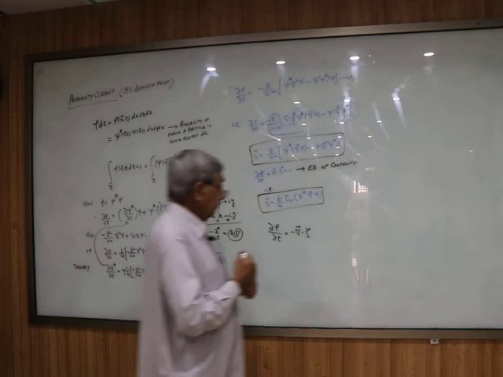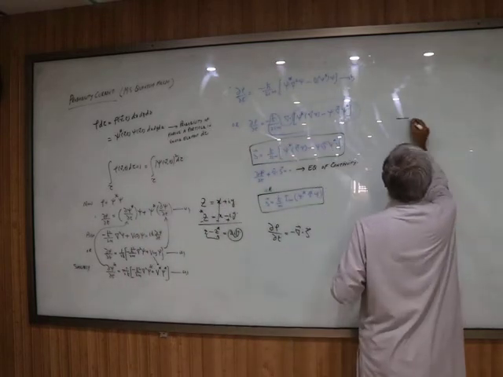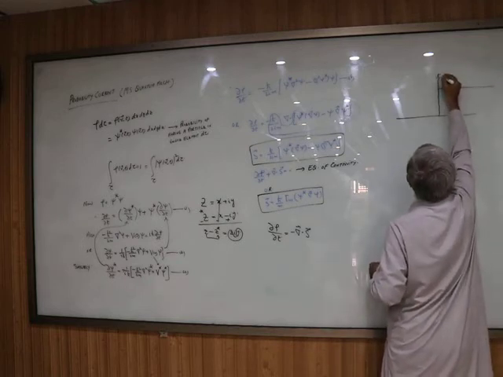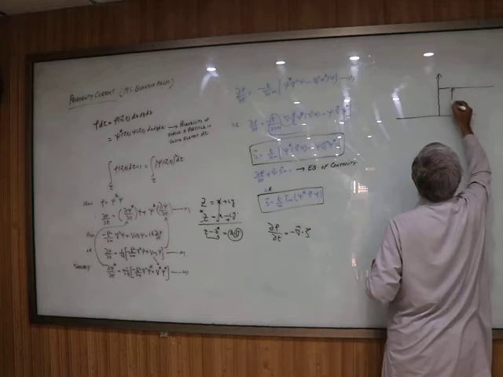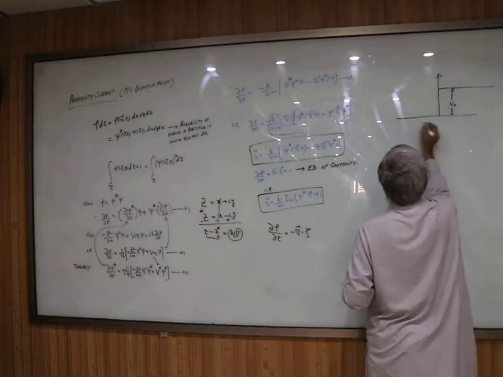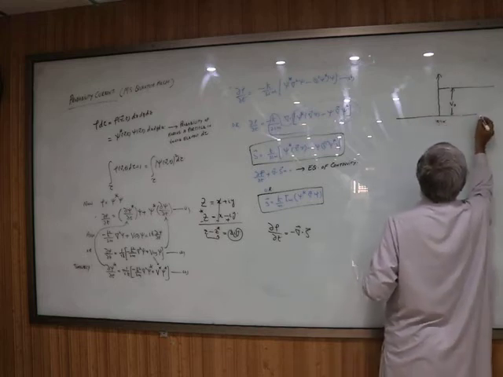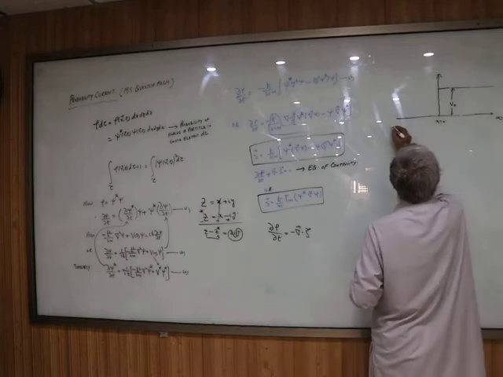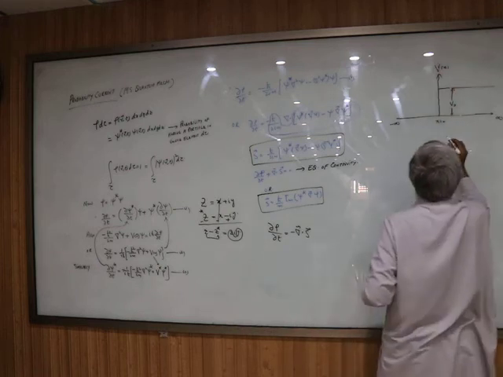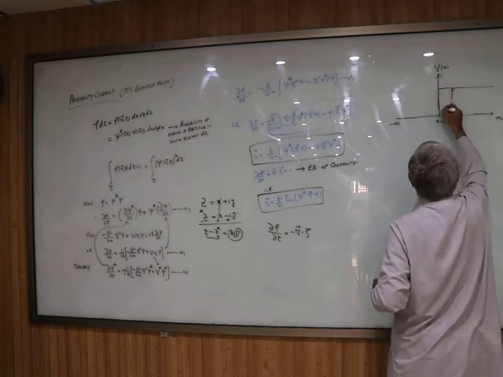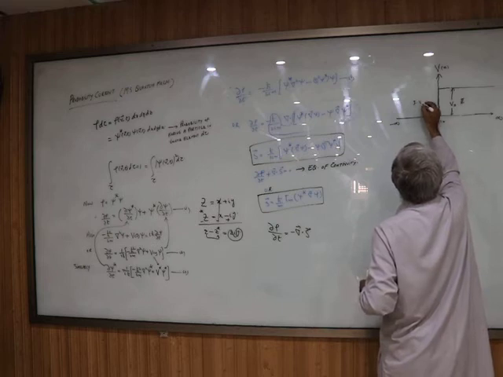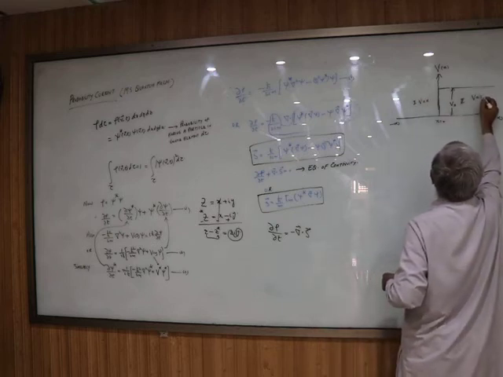Now the problem is, suppose you have a potential step problem. Last time I gave it to you for your own study. This is x equal to 0, and that is infinity, minus infinity, that is V(x), potential. Potential is constant in this region too, and here potential is 0, V is equal to 0, and there V is equal to V naught.